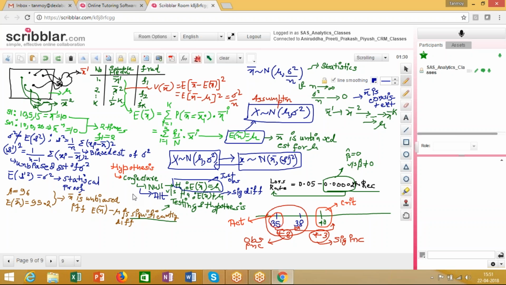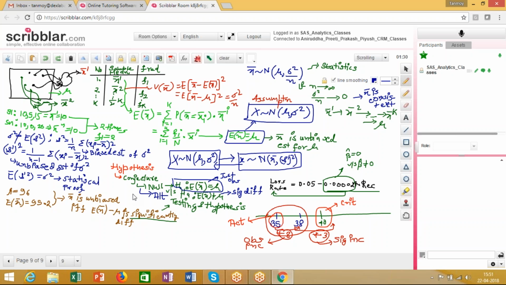Clear? So now the next question that comes out is how would we test for this difference? So we need some benchmarks to test, right? So over here, when we are trying to test, there is a decision rule that needs to be done. And first of all, I need a test rule.